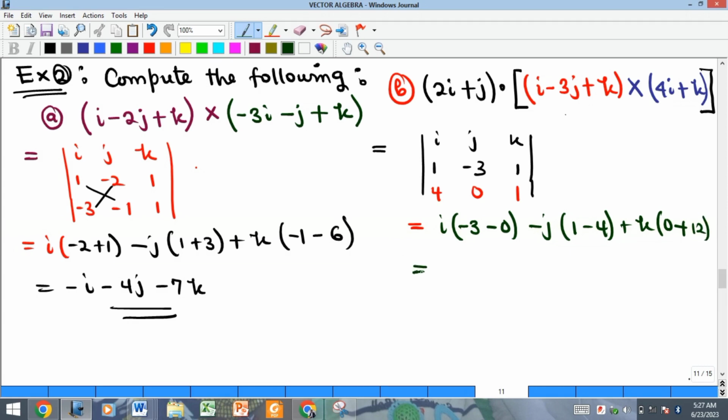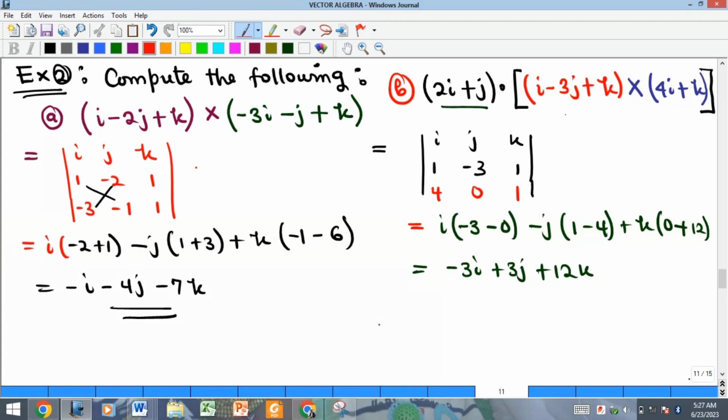And so your final product for the cross one is minus 3i, and then we have, this is minus 3 times minus j will be plus 3j, and then we'll now have plus 12k.